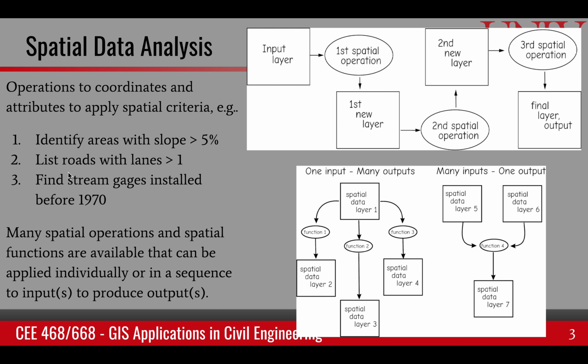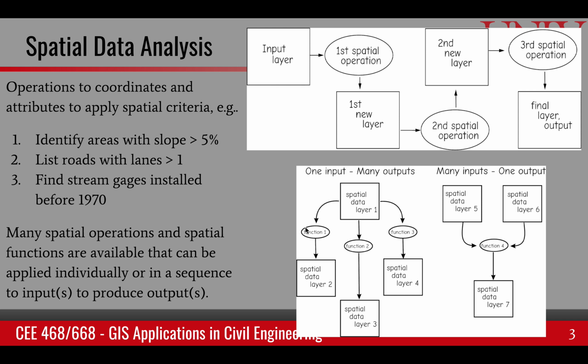Now, we can have these kinds of spatial operations applied in a sequence. For example, if we have some input data, we apply a first operation, then we apply a second operation, and each step will have some output that goes as an input to the next operation until we reach the final output.